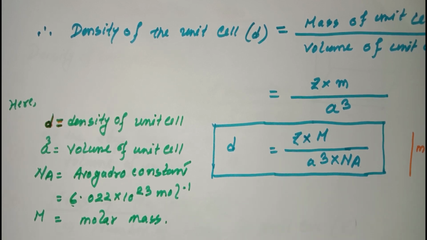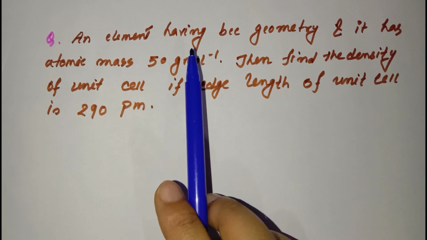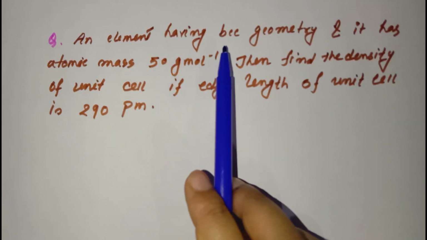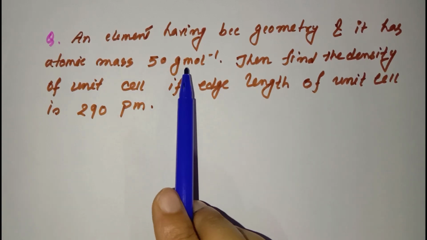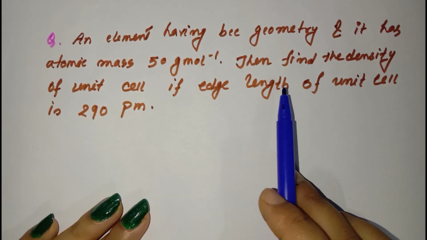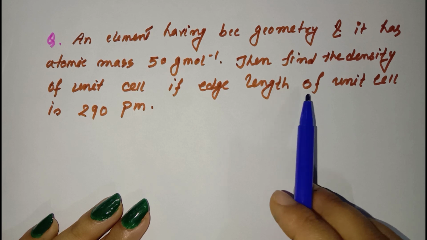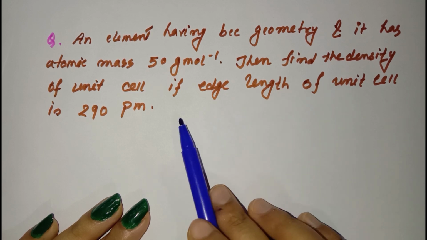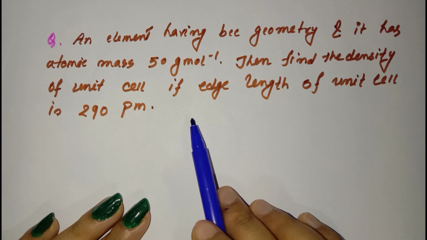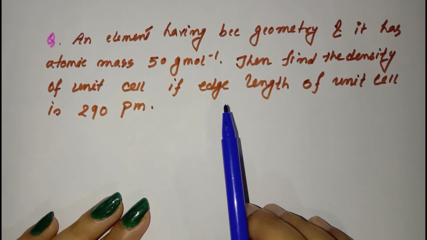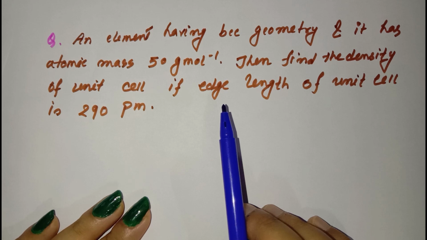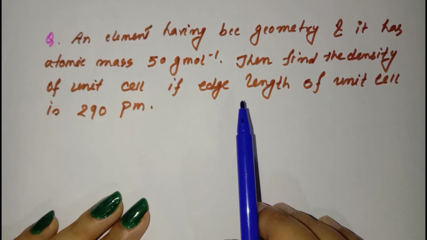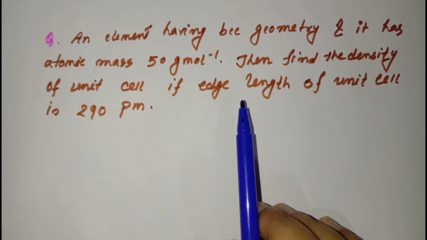Now see an example. The question is: an element having BCC geometry has atomic mass 50 gram per mole. Find the density of the unit cell if the edge length of the unit cell is 290 picometer. So in this question we have to find the density of that unit cell, and we can determine it by using the formula we discussed above.